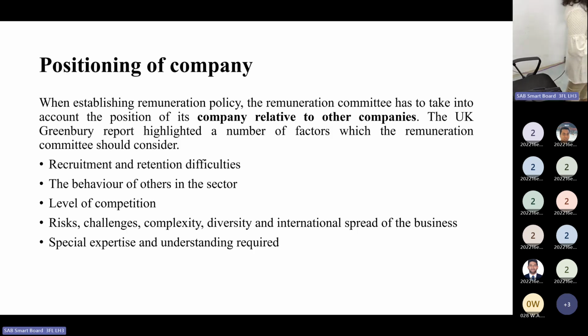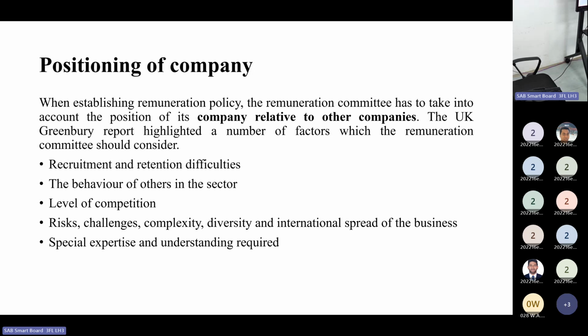Now, other thing is, when you have to decide what you are going to pay for your directors, you have to compare that with what others are paying. The company directors, that is what is called positioning of the company. Right? So when we are deciding our remuneration package for our directors, it is a must that we position our company with other companies in the similar level.